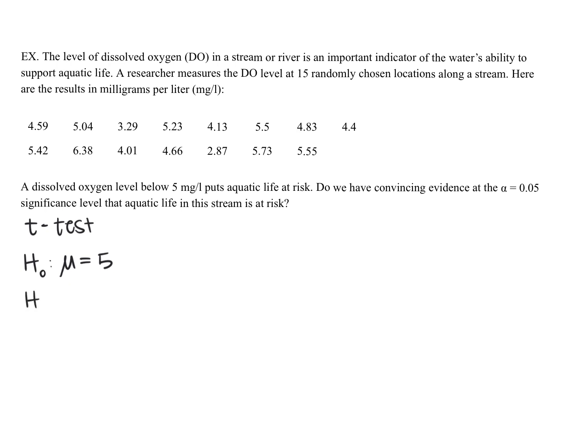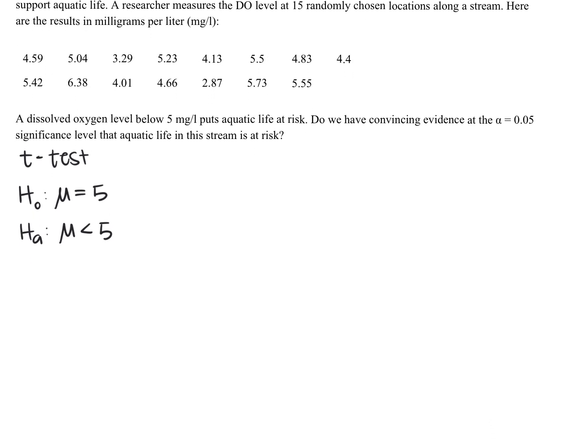Our alternative in this case is we'll be looking to see if the mean is less than 5, because then it wouldn't be able to support aquatic life. Now we're going to check our conditions. For random, the person selected random locations.